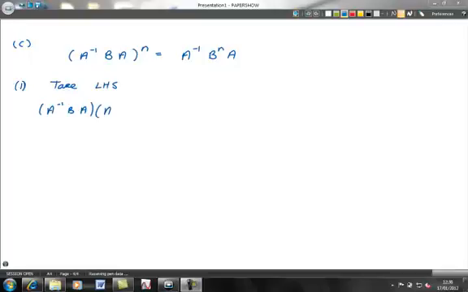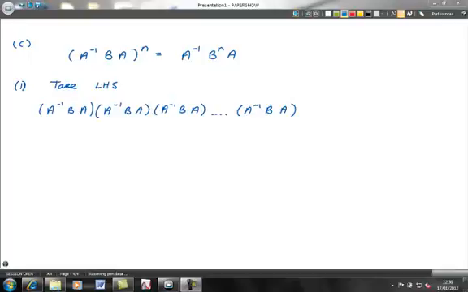Well, what it means is A inverse B A multiplied by itself n times. And the way we'll show that is with dot dot dot. We'll show that it continues on up as far as whatever value of n we had been given.